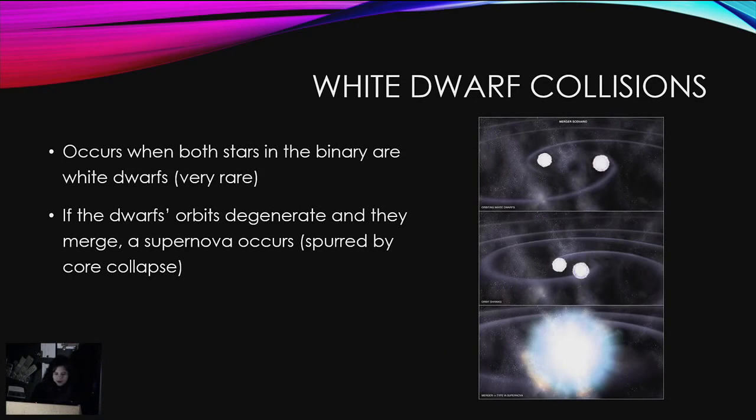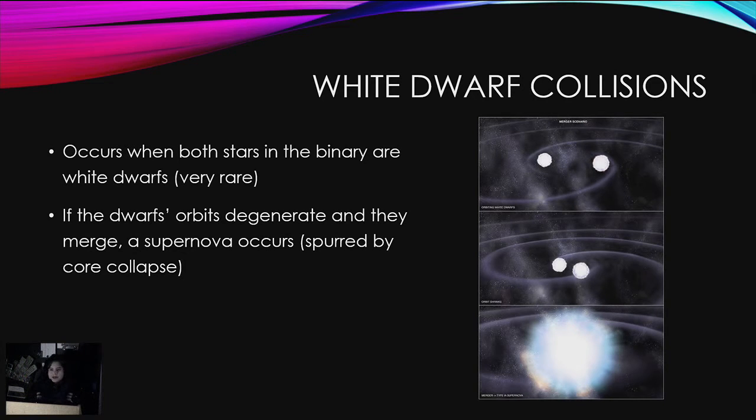So when both stars in a binary are white dwarfs, and if their orbits are degenerating, falling in closer to each other, you get a different result. White dwarfs, if they're slowly rotating, have a limit on their size. The largest white dwarf you can have, if it's rotating relatively slowly, is 1.4 times the mass of the sun.